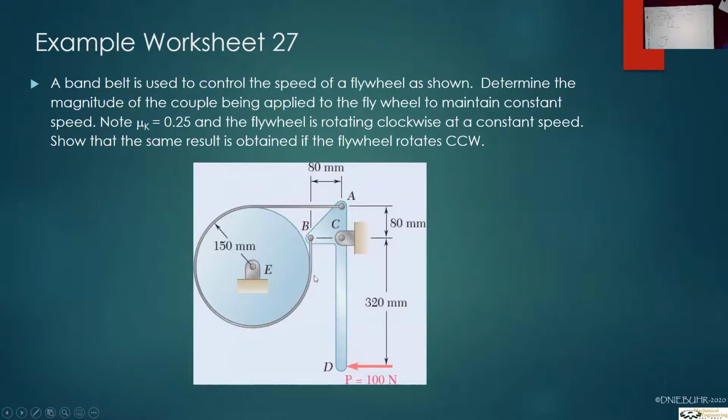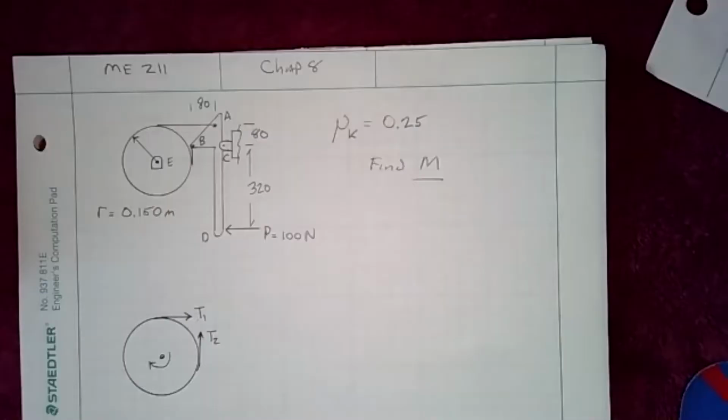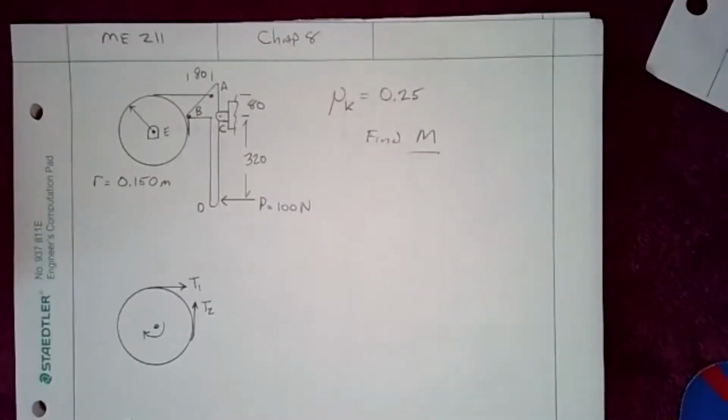You're going to get the same moment required because of the symmetry. That's not something I would ask you on a final, but mostly I want you to understand how you go from the belt friction to the moment, because this ties together everything we've been talking about.